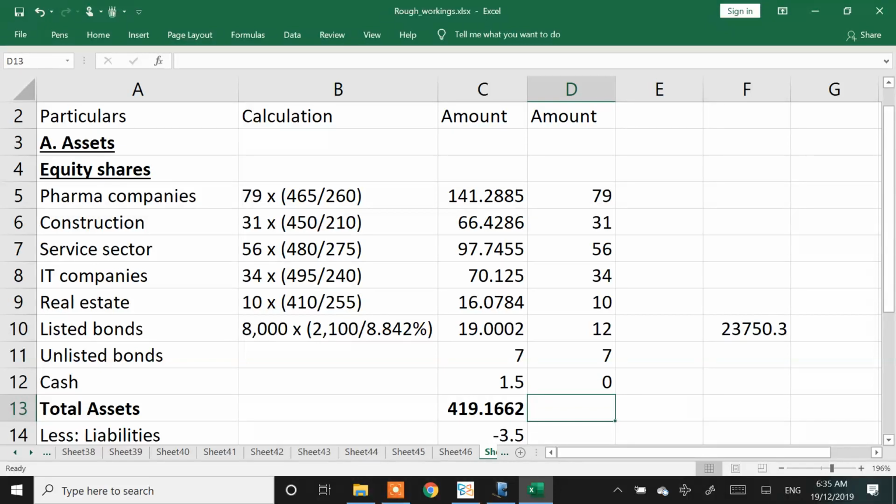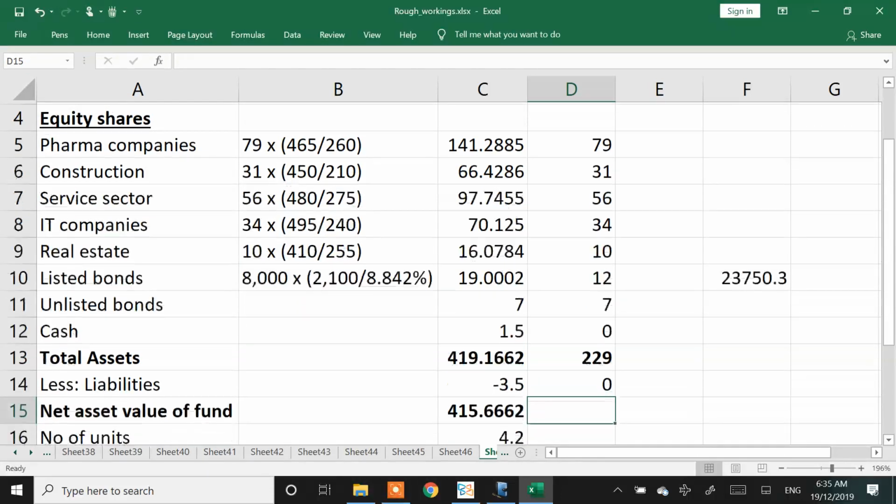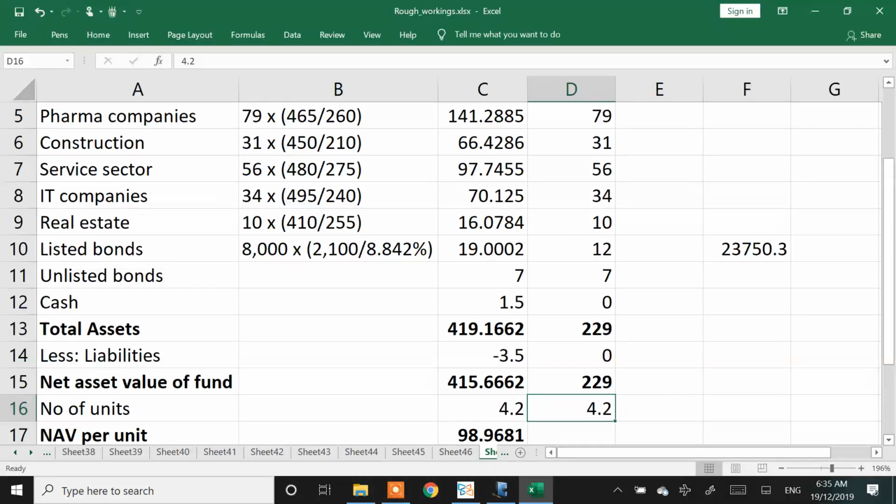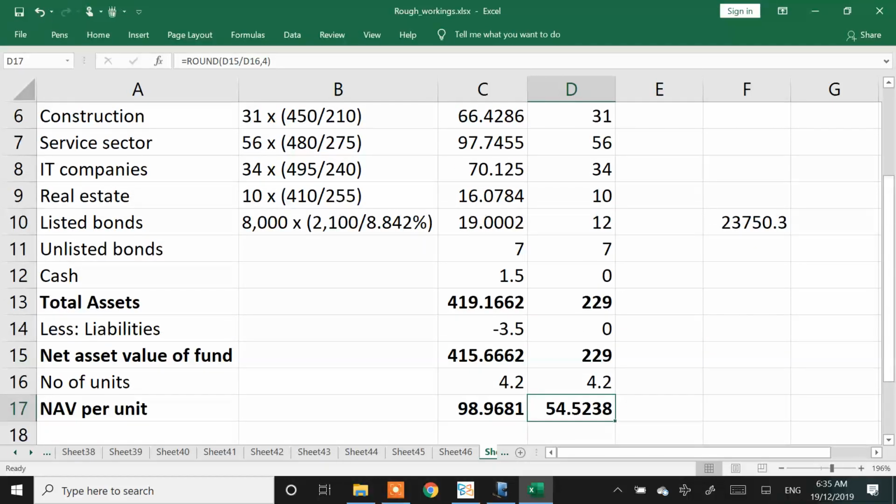It's not possible for me to assume, because through the 2 years in between they would have paid some dividends, earned some dividends, earned some interest, and paid some expenses. So it's very difficult for me to go back and calculate what the cash balance was at the beginning, and at the end of 2 years it's 1.5. So they took these numbers, no liabilities, and this is how they calculated the opening NAV.